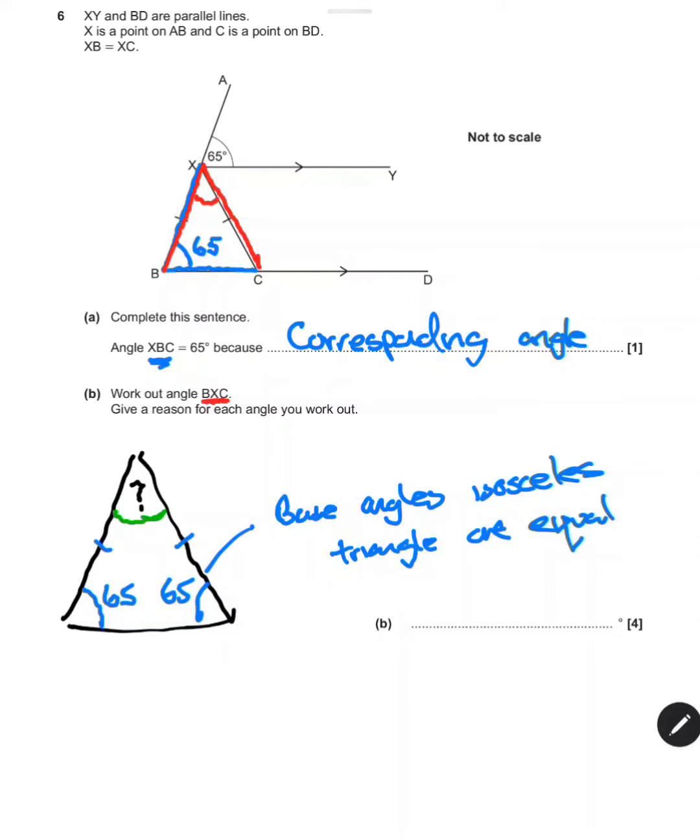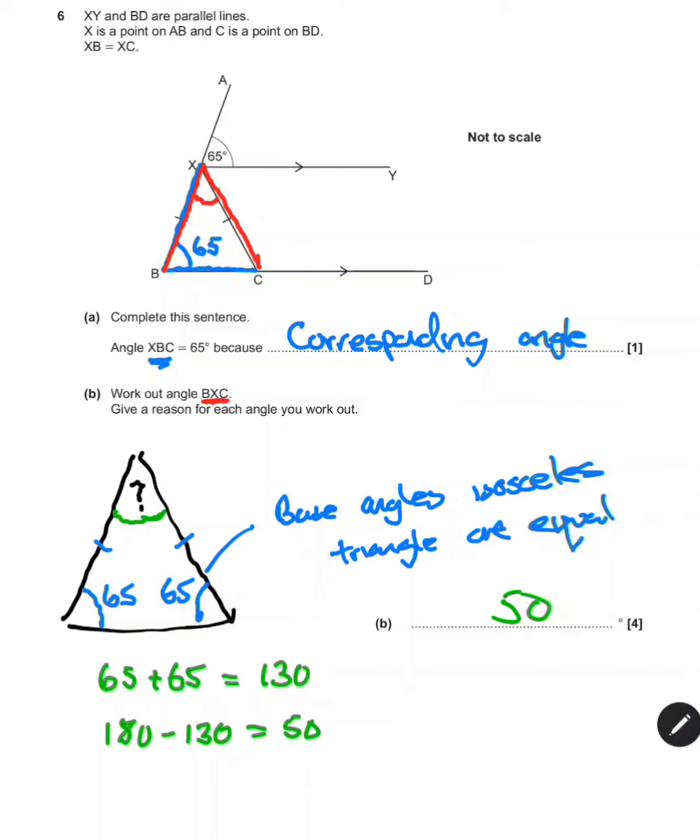The angle we're looking for is the third angle in a triangle. We know our triangles add up to 180, so we can do 65 add 65, that comes to 130. Our missing angle is 180 take away 130, which is 50 degrees.